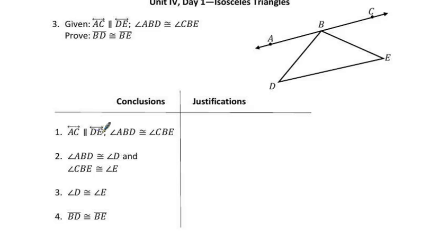The first item is always the given, written as is, and that says that line AC is parallel to line DE. It says that angle ABD is congruent to angle CBE, and that was the given information. Next, ABD is congruent to angle D, so these two are congruent, and that would be because of the parallel lines theorem telling me that alternate interior angles are congruent.